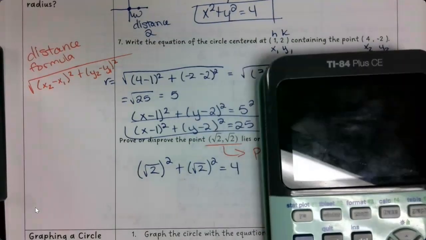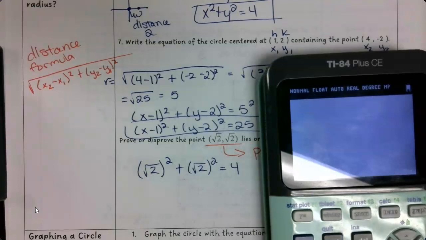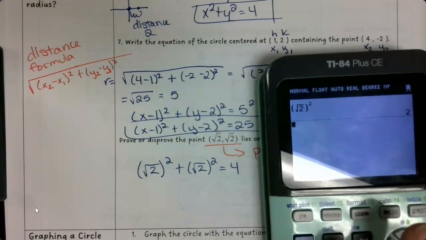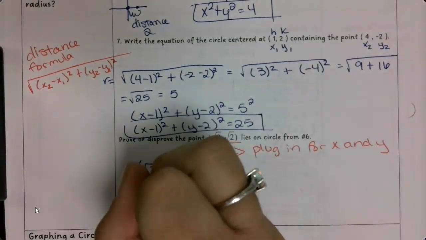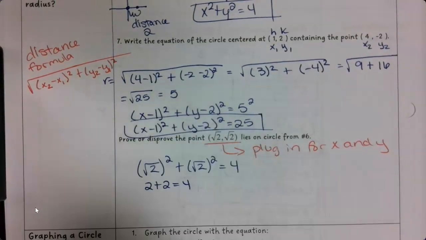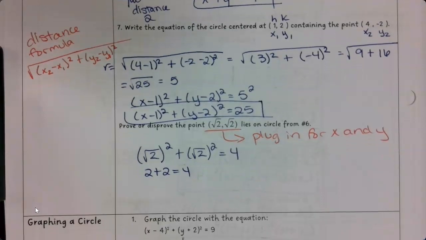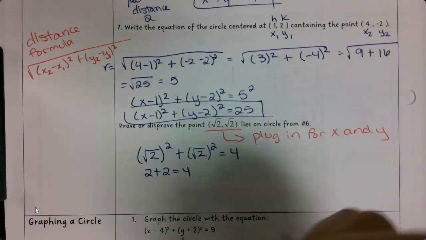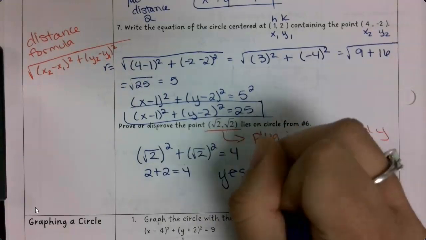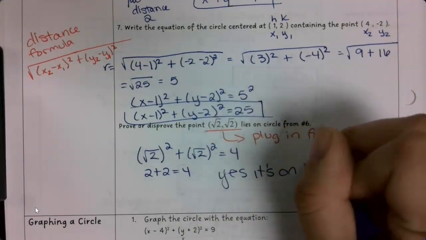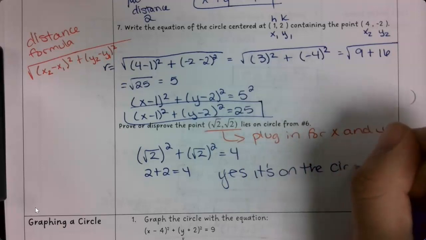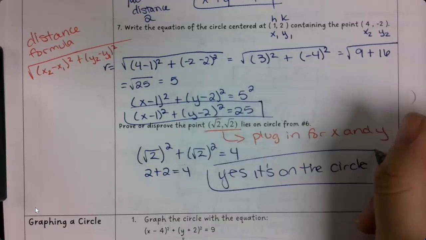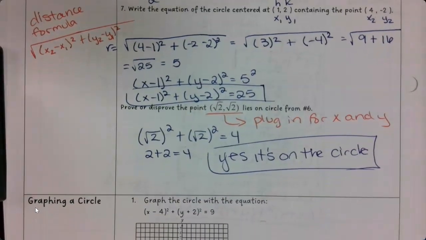If I don't know what the square root of 2 squared is, I can do it in the calculator like this, which gives me back 2. So I have 2 plus 2 equals 4. Is that true? Yes. It's on the circle. If it wasn't true, I would say no.